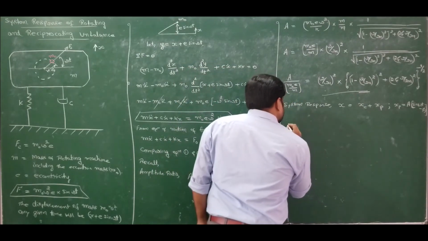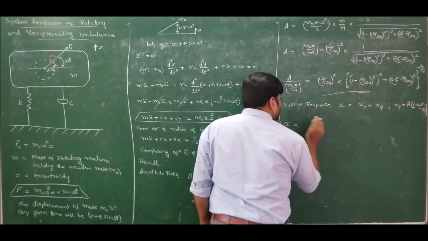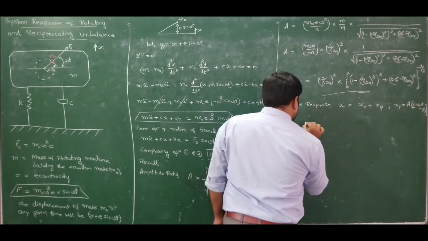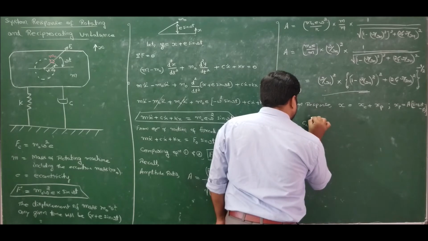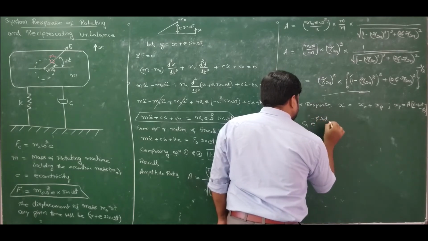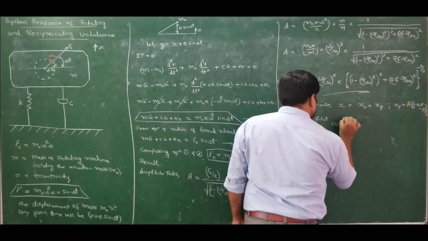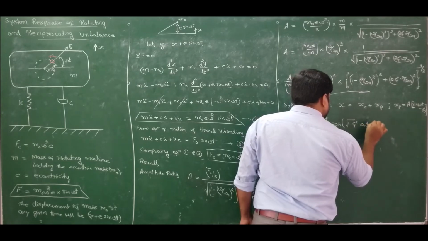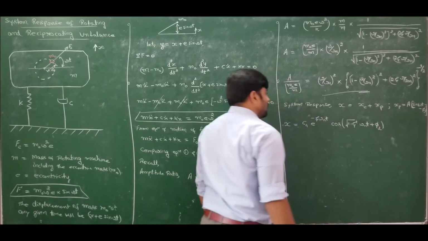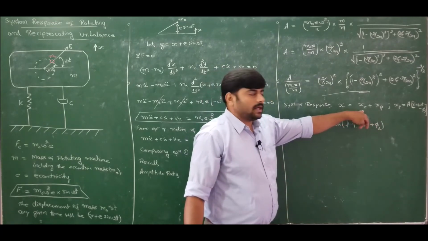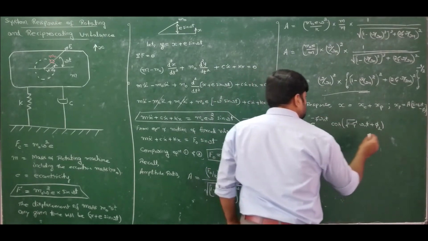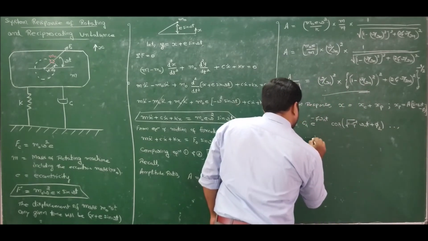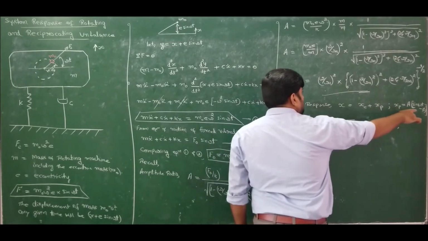Now the system response will become X is equal to the complementary solution, which is the solution of the underdamped vibrating system, which we already know. It is given by a constant C4 e to the power of minus zeta omega n t into cosine of root of 1 minus zeta square omega n t plus phi 2, correct? So this is the solution for the complementary part. Now what is the solution for the particular part? Plus the particular part is A sin omega t minus phi.